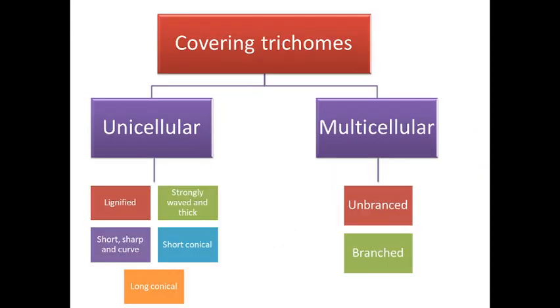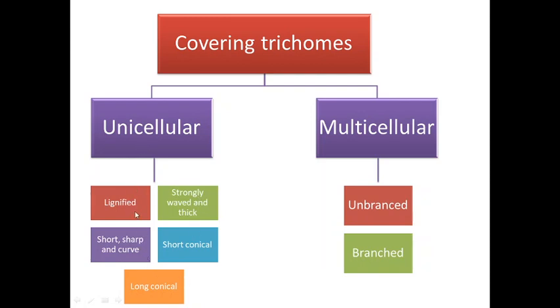So the covering trichomes are again divided into two types, that is unicellular and multicellular. Unicellular covering trichomes contain a single cell, these are the single cell trichomes, whereas multicellular covering trichomes contain more than one cell. So these unicellular covering trichomes are again divided into five different types.